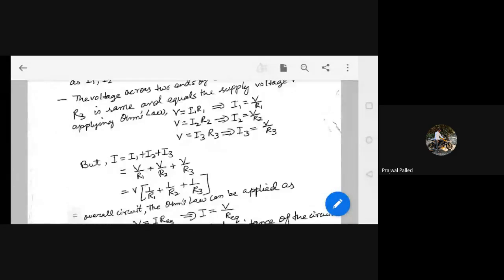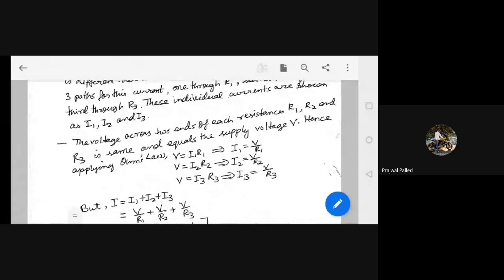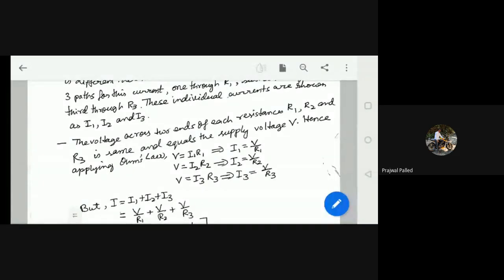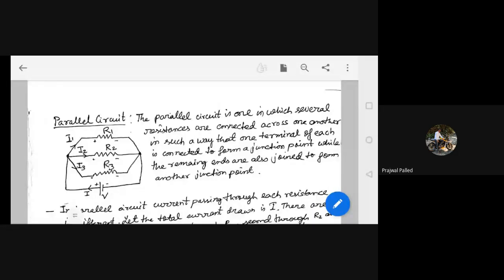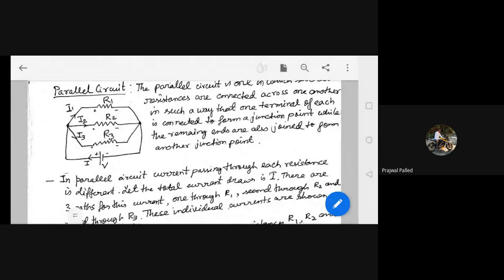Now, the voltage across two ends of each resistance R1, R2, and R3 is the same and equals the supply voltage capital V. The two junction points of R1, R2, R3 are the same, so the voltage will obviously be the same.